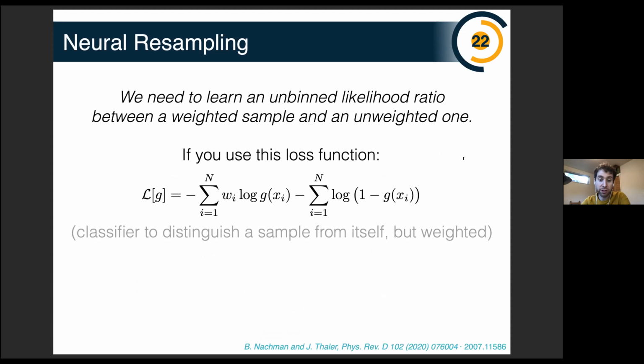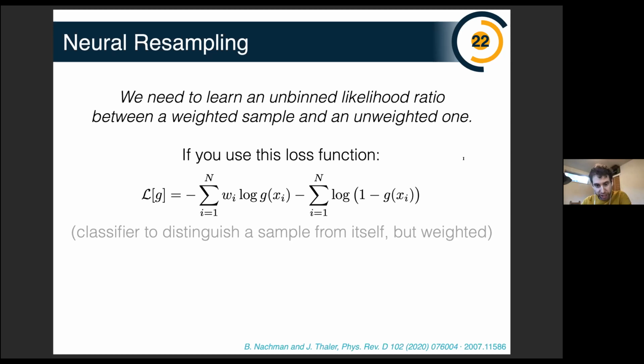In a typical classification task, you'd have one term for the signal and one term for the background. Here there's no signal and background. We're distinguishing one sample from itself, where one of the times it's weighted. So the first term here is the weighted sample, and the second term is the sample unweighted.